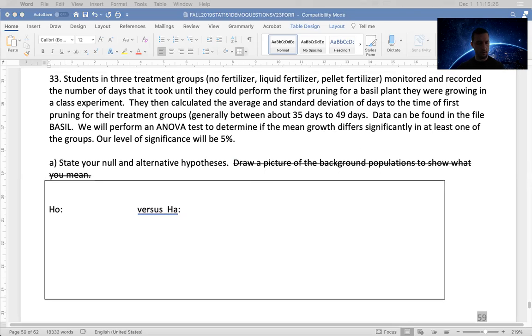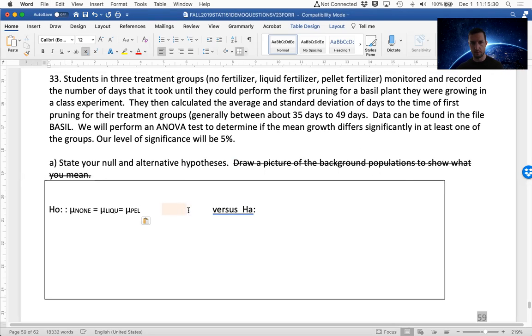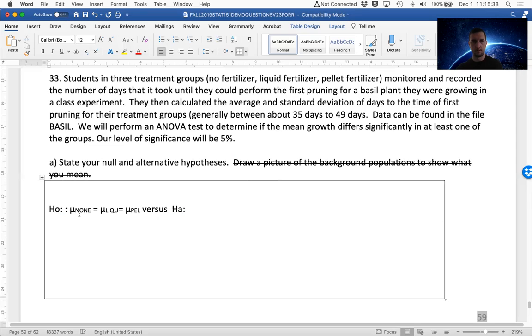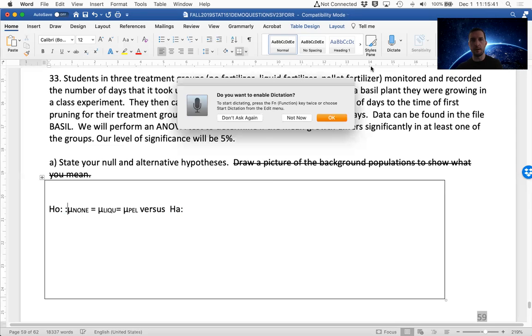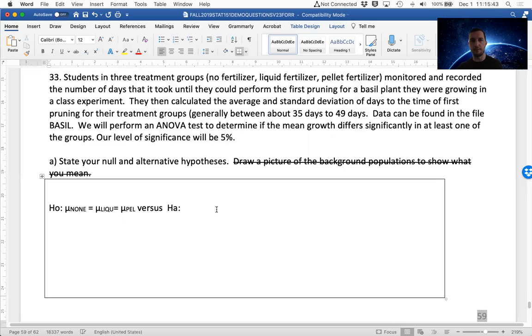So our null hypothesis here is going to be equality. And then the alternative is simply that a difference exists. So here we would have: not all means are equal.